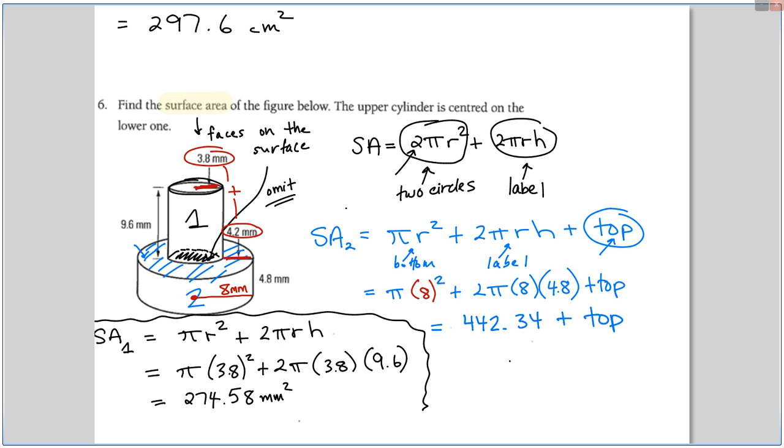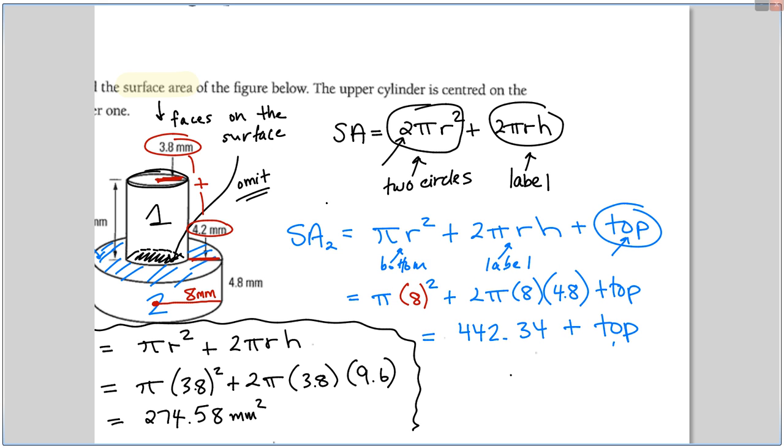Alright, so now I gotta figure out the top. How are we gonna do the top? Yeah, so there's this big circle, and then you have to omit the bottom circle in black there.